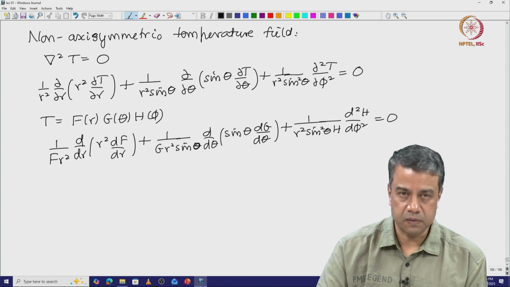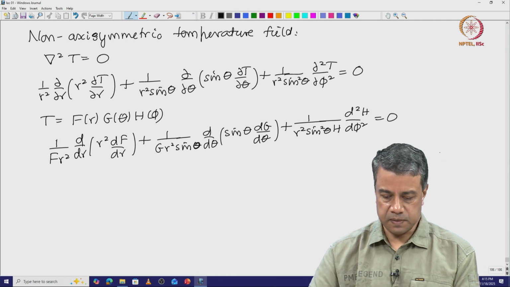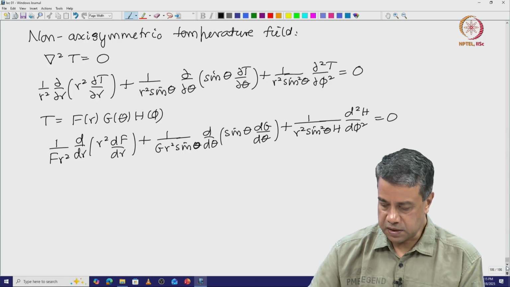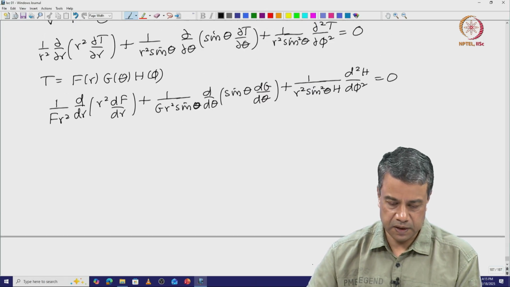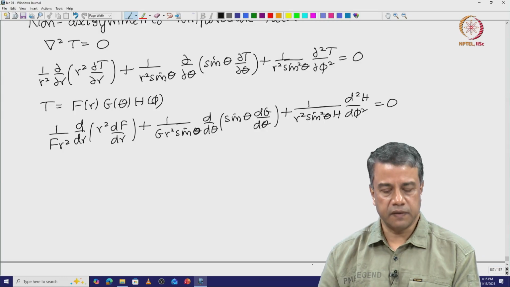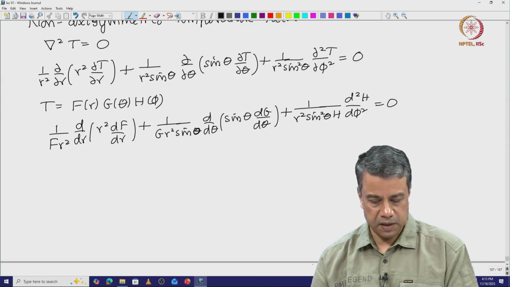This is equal to 0. This is what you get when you substitute the temperature is equal to f of r g of theta h of phi, divide throughout by f g h.